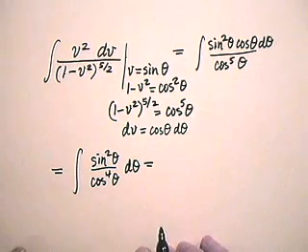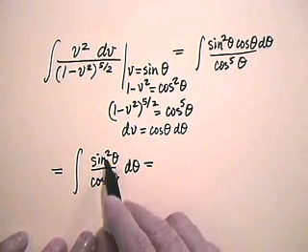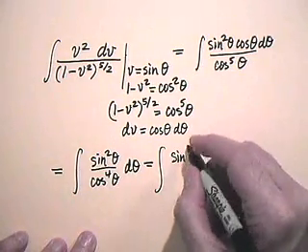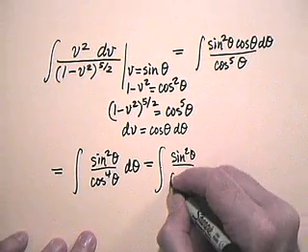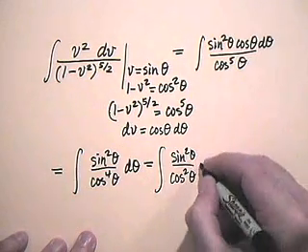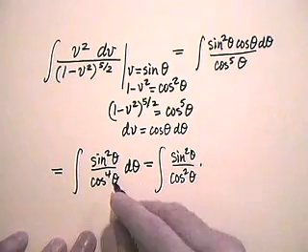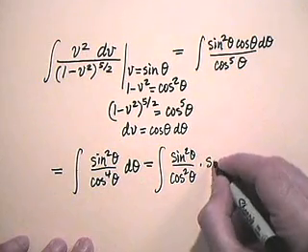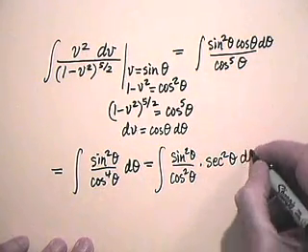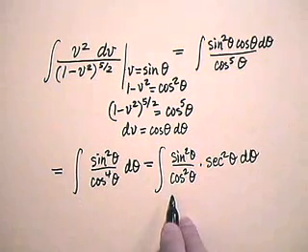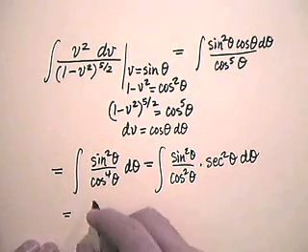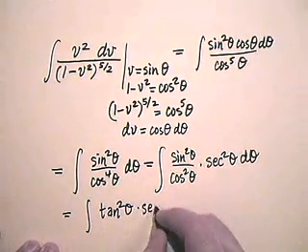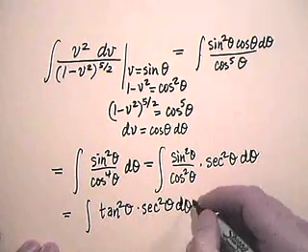Now, as it stands, what we can do to simplify this is view that in the first place as sine squared theta divided by cosine squared theta times 1 over cosine squared. We have another factor of cosine squared down here, but 1 over cosine squared is secant squared theta. And now sine over cosine is tangent. So we have the integral of tangent squared theta times secant squared theta d theta.